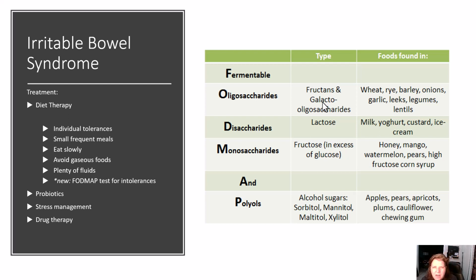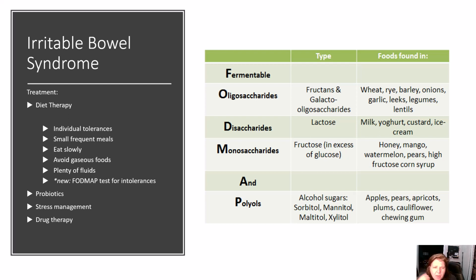We tend to not want people to just take these foods and avoid all of them. We really want to go through some type of elimination diet to see which ones cause the problems.